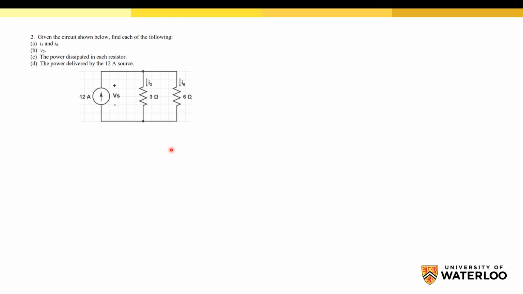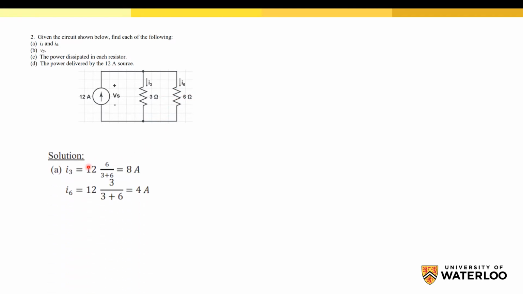So in order to solve this question, we need to remember the current divider rule. If we want to calculate the current here, and we know the total current coming in, that will be divided into I3 and I6. So in order to calculate this current, we should multiply the total current times the other resistor over the total resistance.